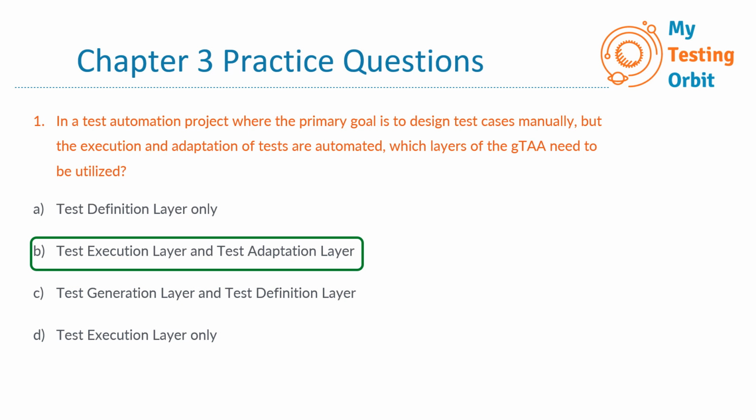This option is incorrect because it suggests automating test generation, which is not the primary goal in this scenario. It also does not include the necessary layers for test execution and adaptation. And option D, test execution layer only, is incorrect because it focuses solely on test execution, neglecting the need for test adaptation in this scenario.